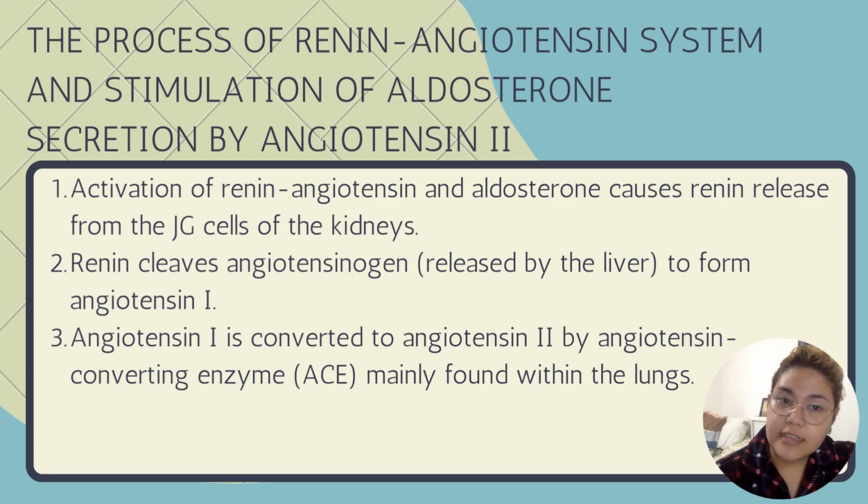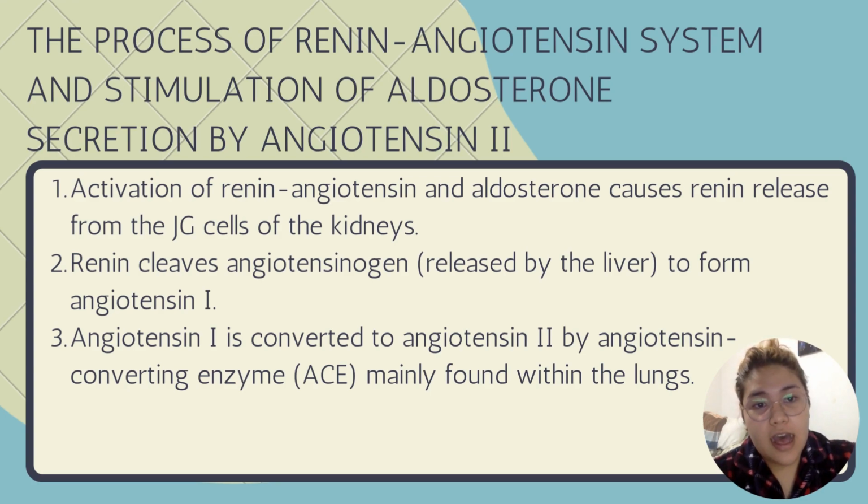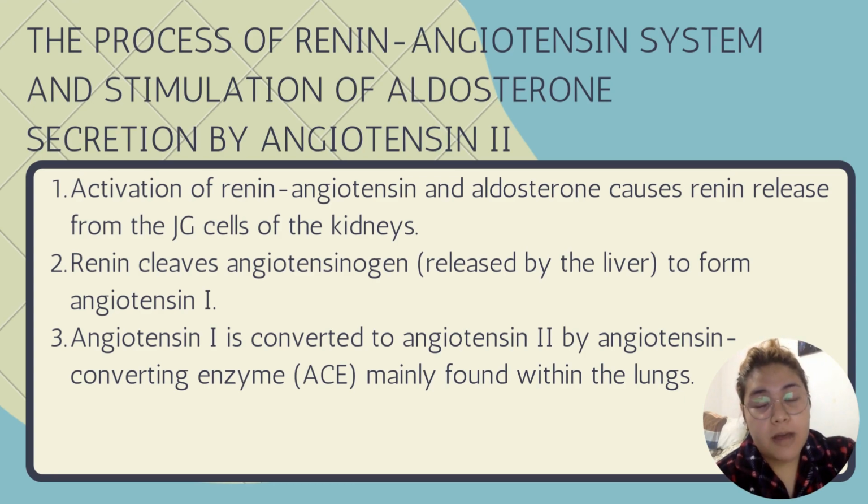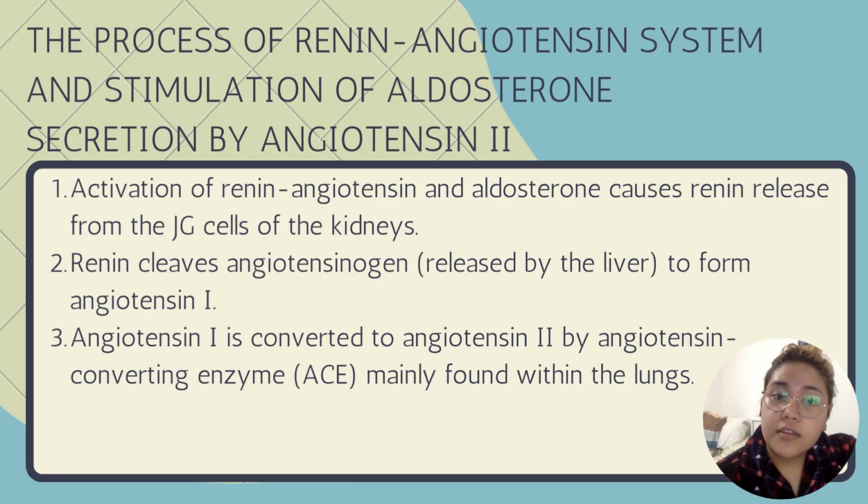The JG cells express beta 1 adrenergic receptors that are therefore directly activated by the sympathetic nervous system to release renin. Also, the JG cells are stimulated to release renin when the macula densa cells of the distal tubule detect a decrease of renal tubular sodium and chloride levels.